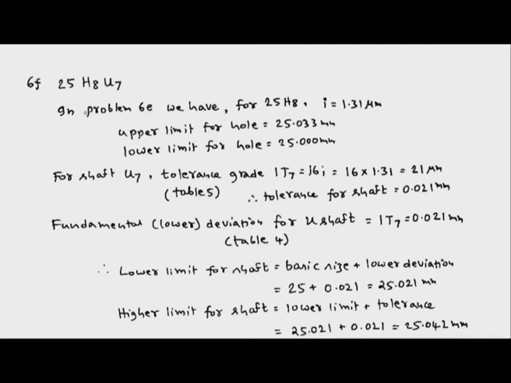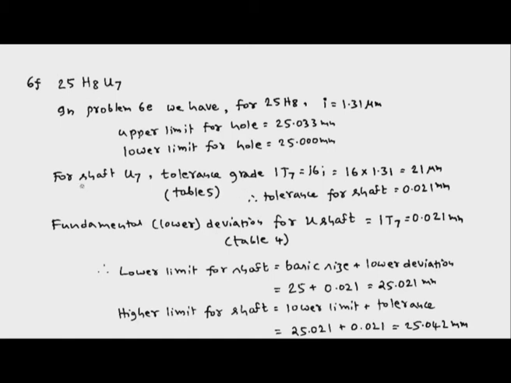So, in problem 6e we have calculated the I value, that is 1.31 micrometer, and upper limit for the 25 H8 hole is 25.033 millimeter, and lower limit for hole is equal to 25.000 millimeter. So, these values we have already calculated in problem number 6e for 25 H8 combination.